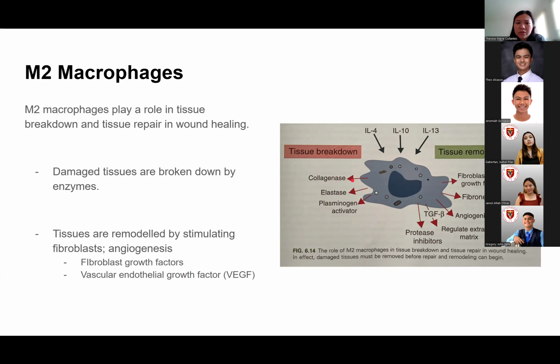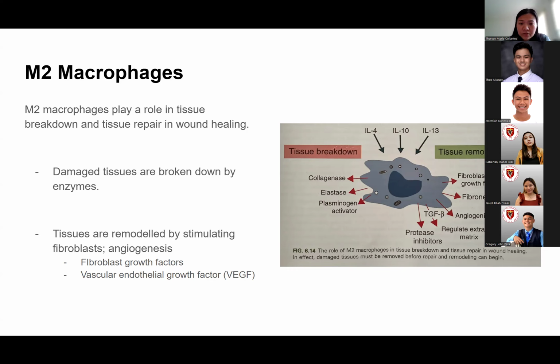When there's damaged tissue, for example your connective tissue, it is mostly composed of collagen, which is produced by your fibroblasts, and elastin.